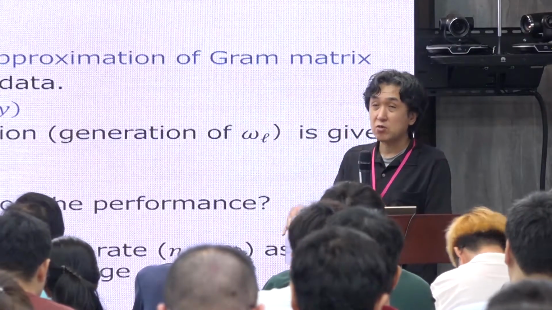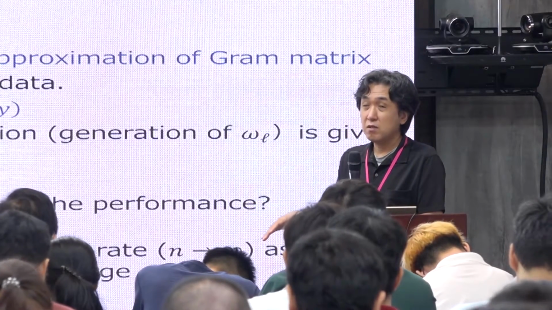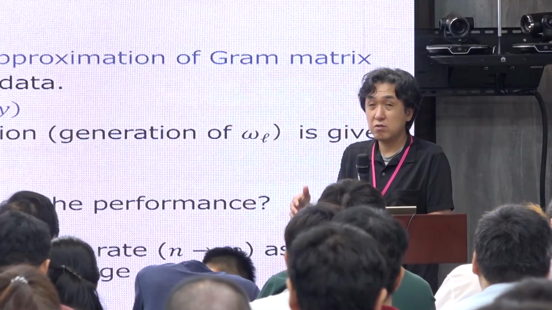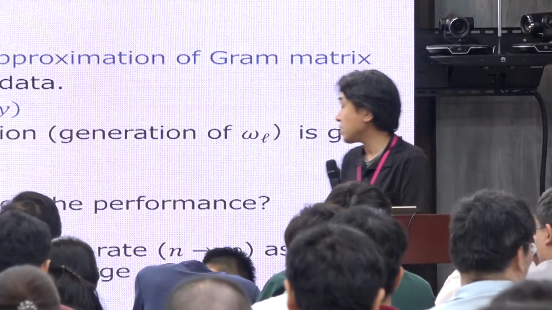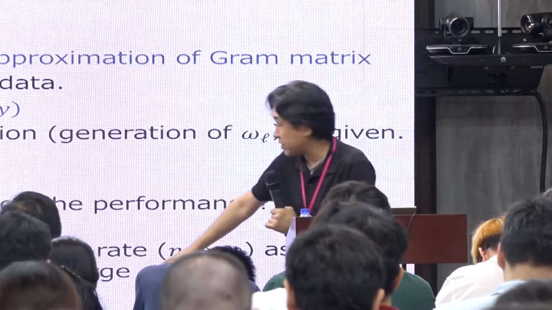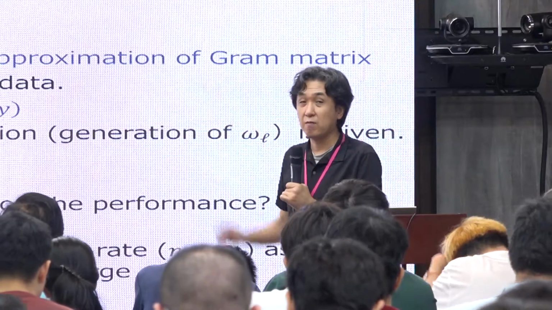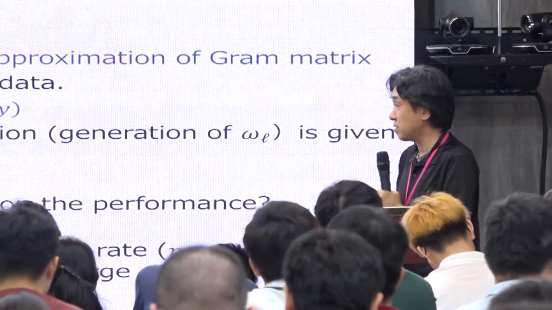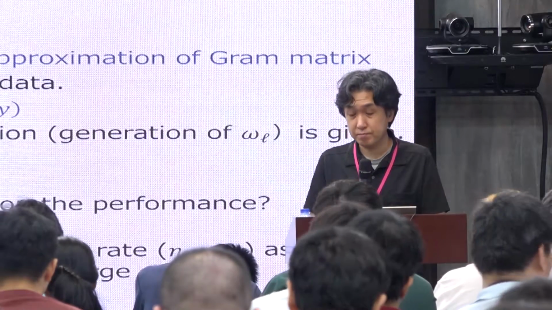If the approximation has a lower impact than the noisy effect, then the approximation doesn't do harm at all. That is the reason. Of course, we need to take a sufficiently large rank or random Fourier feature in that case, but we have some theoretical guarantee. Okay?